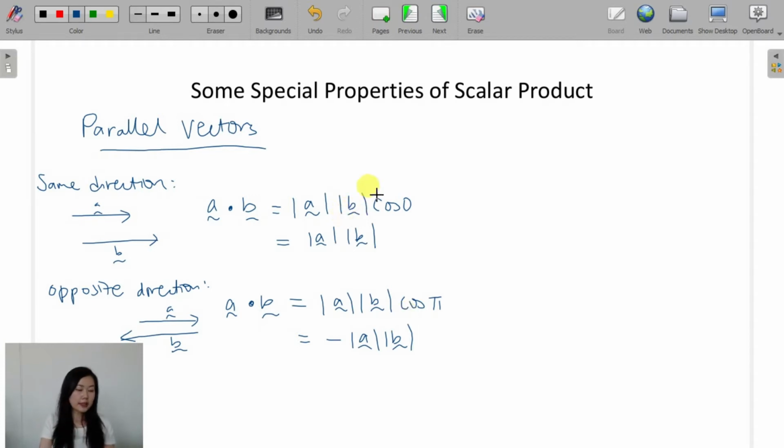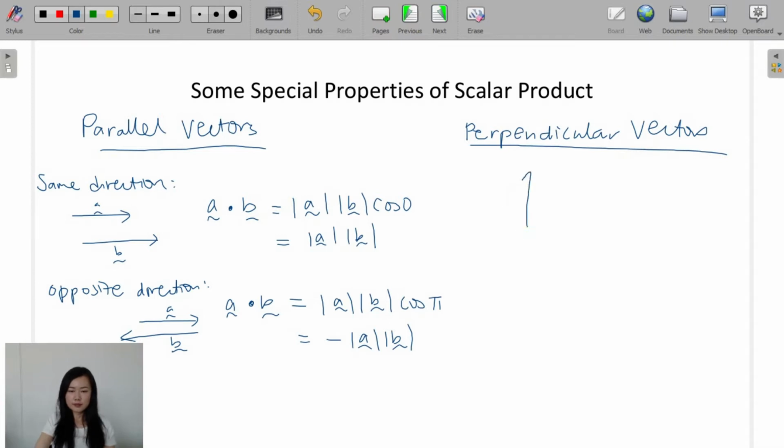All right, another one that we'll find very handy, perpendicular vectors. Okay, so that will be 90 degrees. So the dot product will be cos 90 or cos pi over 2, and cos pi over 2 is 0.